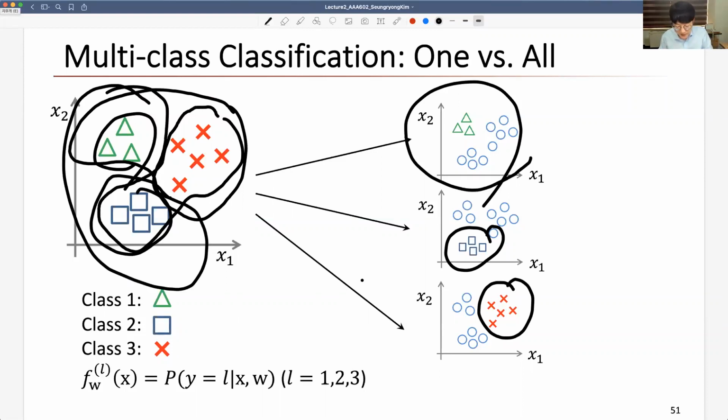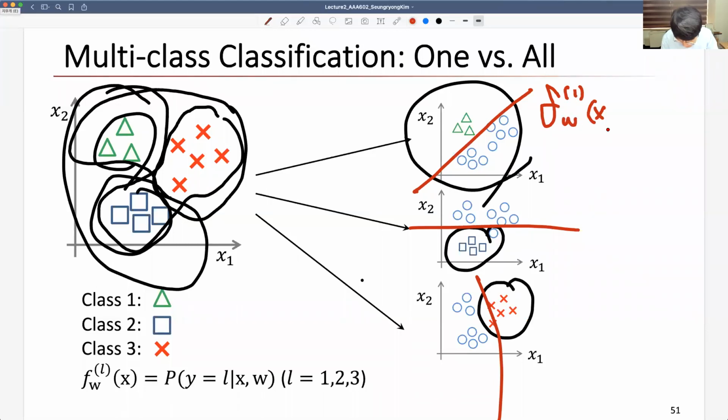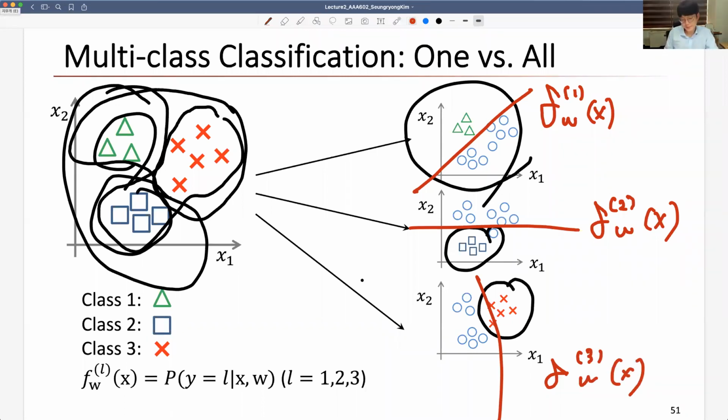In that problem setting, each problem can be solved by a linear two-class logistic regression problem, something like this one and this one. So the first decision boundary is something like this, the second decision boundary is here, and the third decision boundary is here.